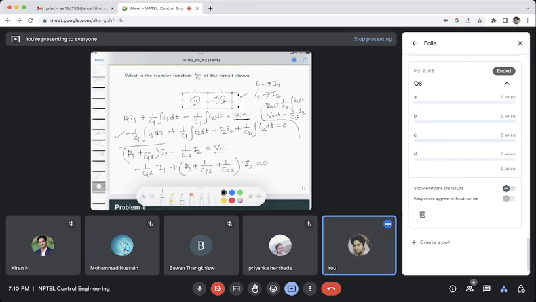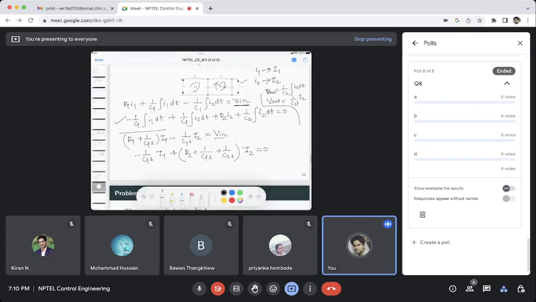Okay, so we have to eliminate I1, and from the second expression you can find I1 in terms of I2.